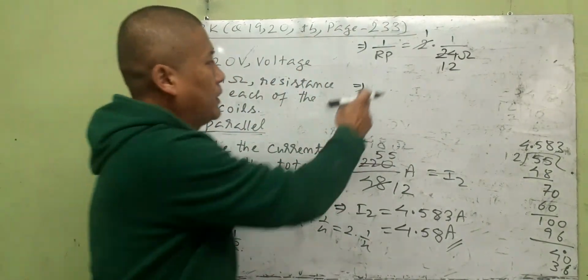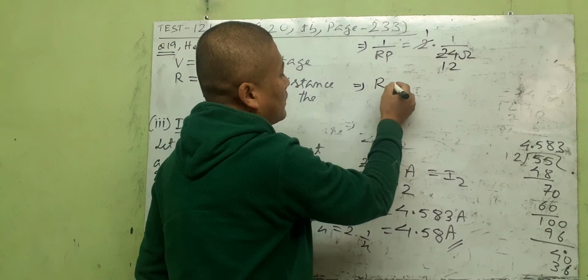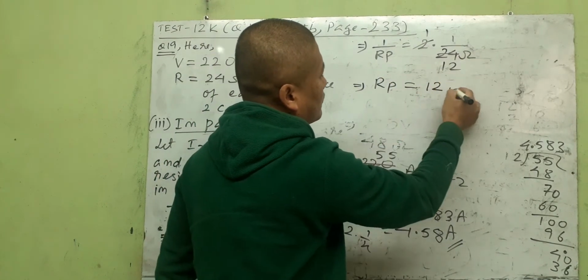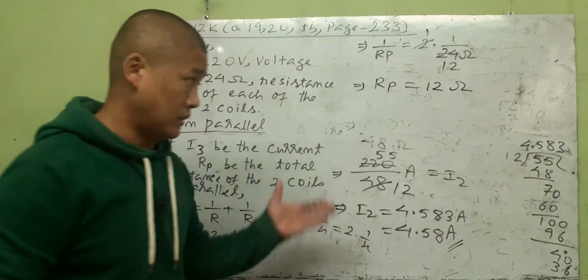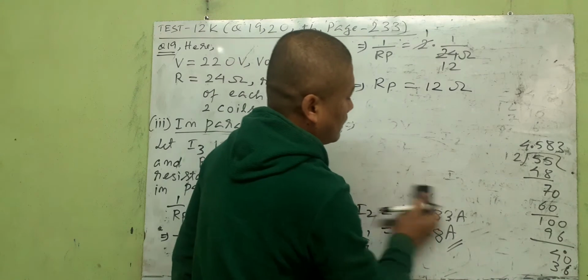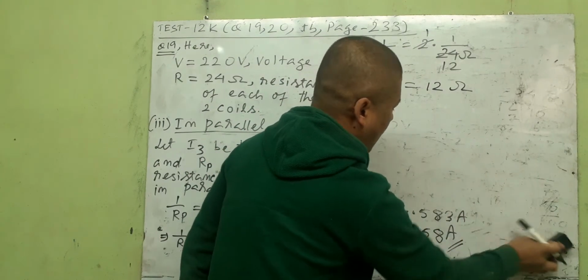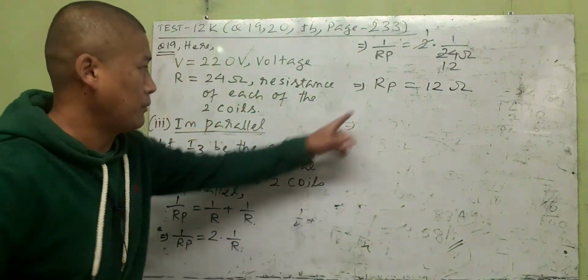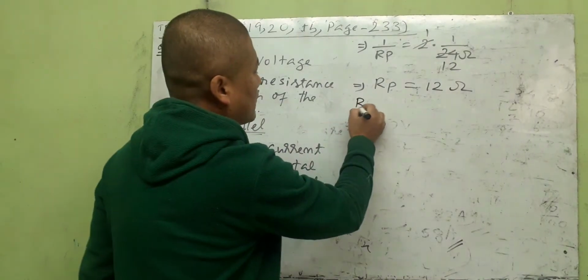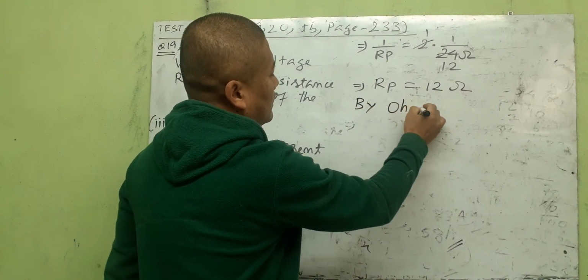Now we can cross multiply, RP into 1 is RP equal to 12 ones are 12, and this ohms also. So the total resistance is 12 ohms when the two are in parallel. So we need to find I. The value we have here is RP, I3 and V is already there, so we can use Ohm's law just like the previous two cases.